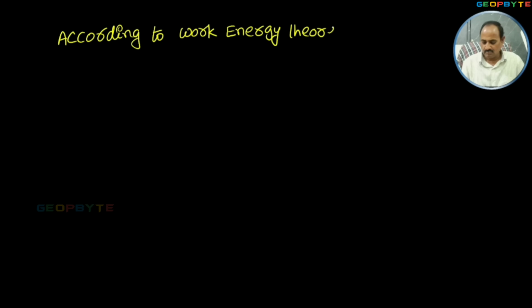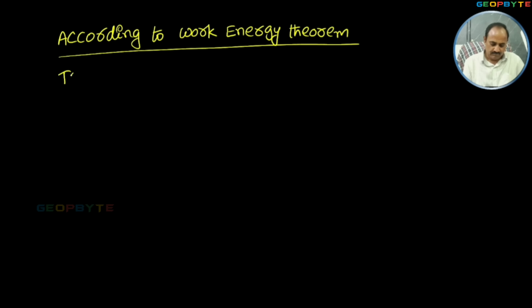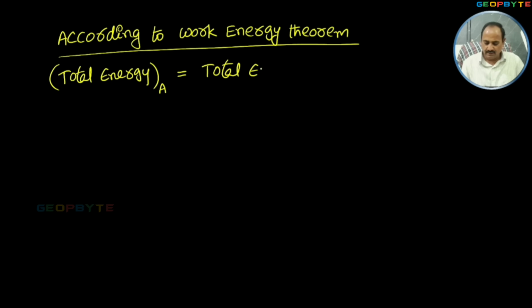According to the work energy theorem, the total energy at A must be equal to the total energy at B. Here total energy means mechanical energy only.